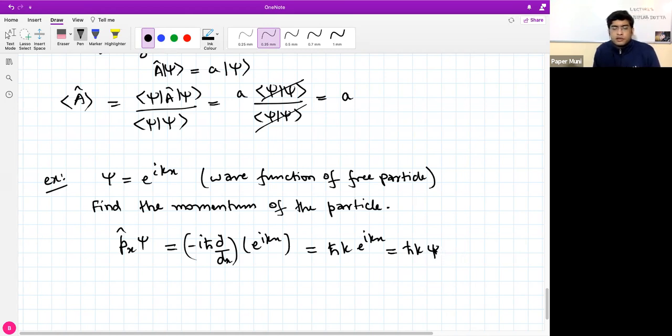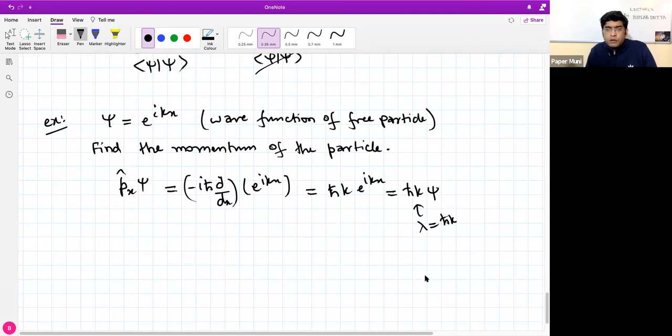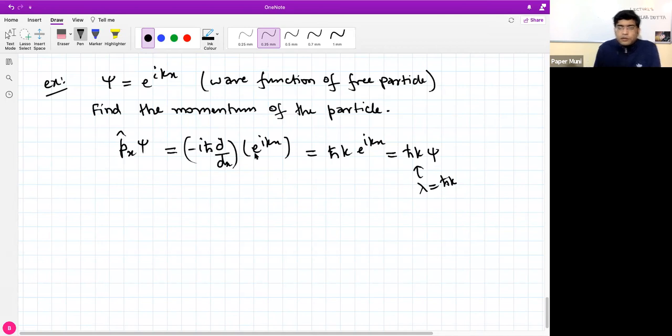So this is the eigenvalue. Lambda is equal to h cut k, which is also the expectation value of the momentum operator with respect to this wave function.